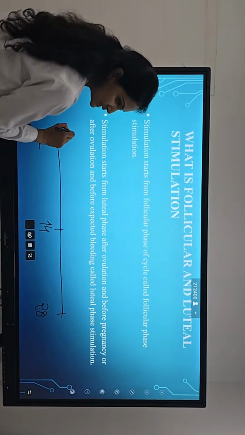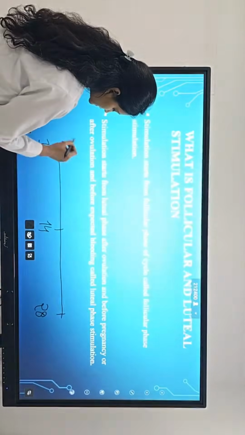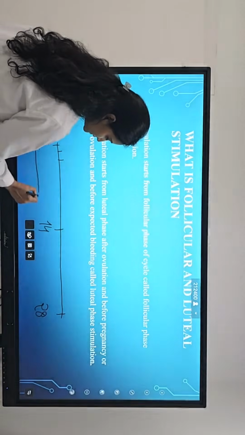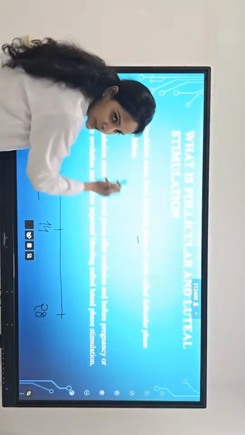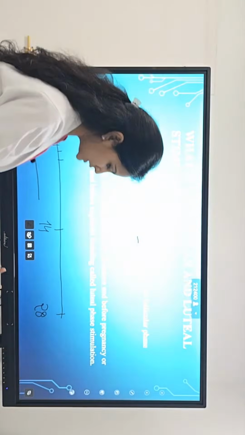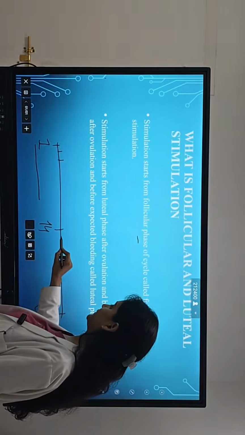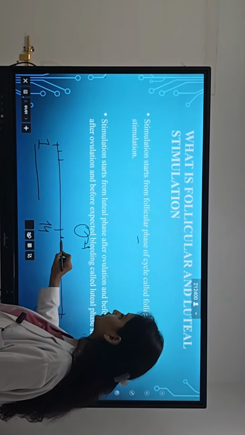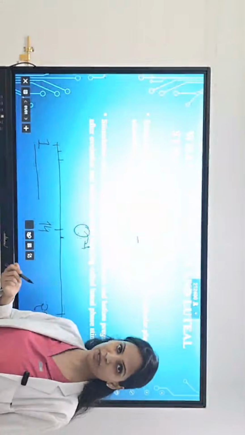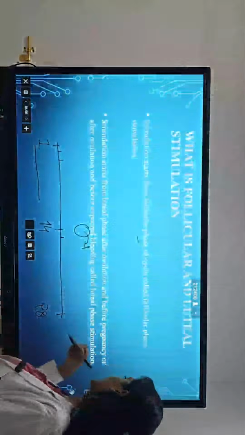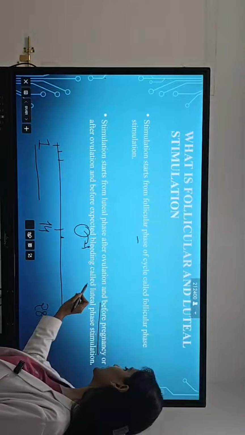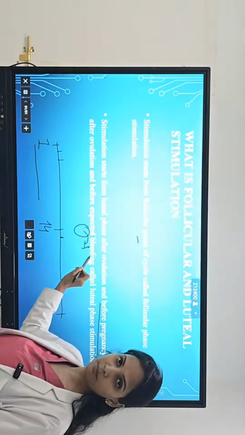If we start stimulation from day 2 or day 3, it is follicular phase stimulation, and if we start stimulation from here after the ovulation, it's called luteal phase stimulation. But the important thing is that it should be before pregnancy, or before the expected bleeding.